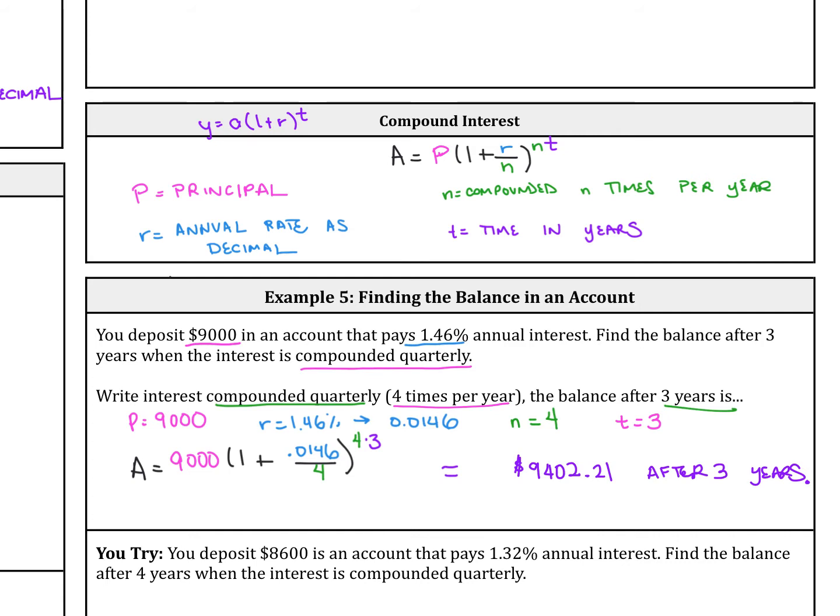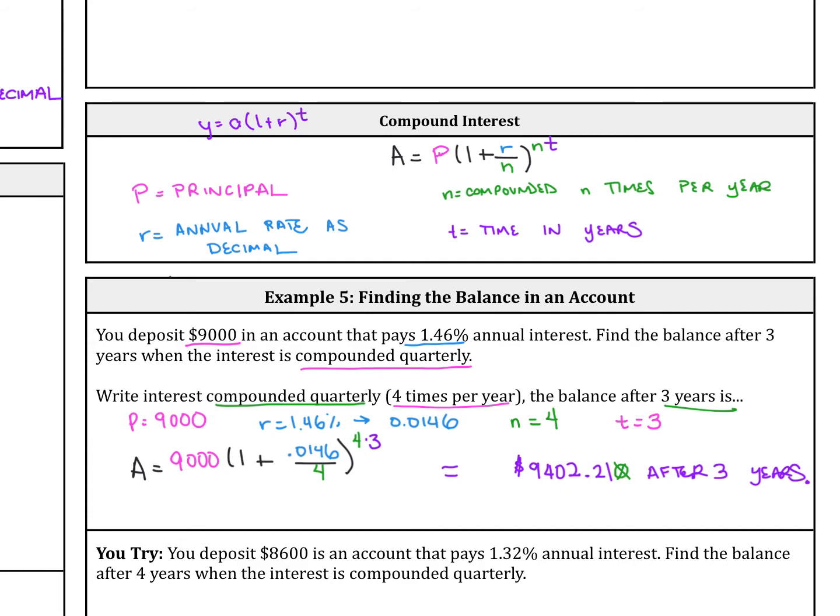Just remember when you round to 2 decimal places, the number after the 1, if you plugged it in your calculator correctly, would have been 0. So remember, if you're rounding to 2 decimal places, you look one more place past it. If it's 5 and above, you round up. If it's 4 and below, you leave it as is. So this is less than 5, so therefore it is just 21.